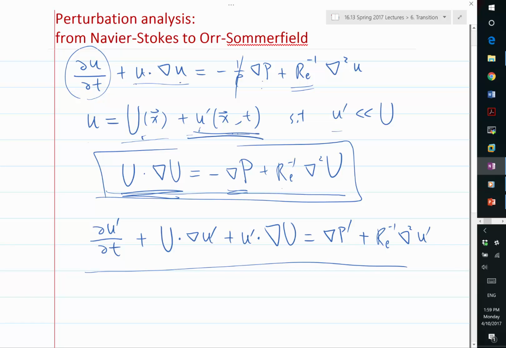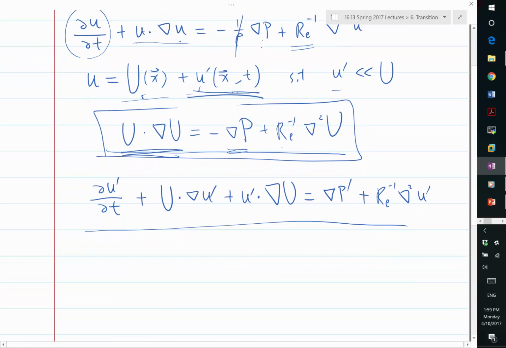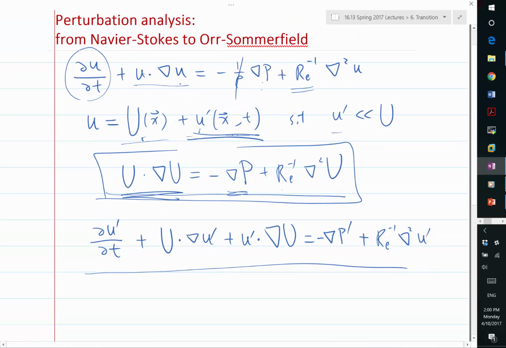So this is called the linearized Navier Stokes that governs the evolution, the unsteady evolution of a small disturbance, which ultimately governs the evolution of the unstable waves evolving in the boundary layer. Should that be minus? Minus, yeah, thank you. Density is non-dimensionalized to 1 here. Yeah. Okay.